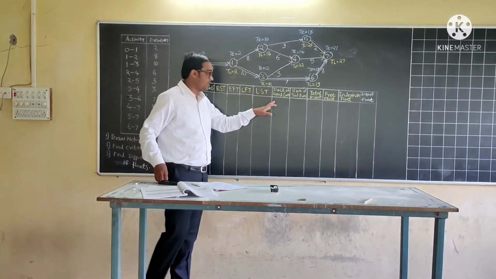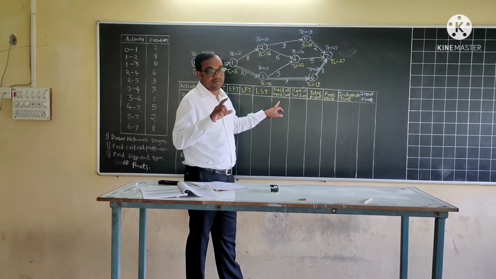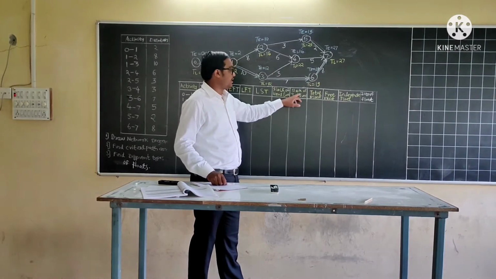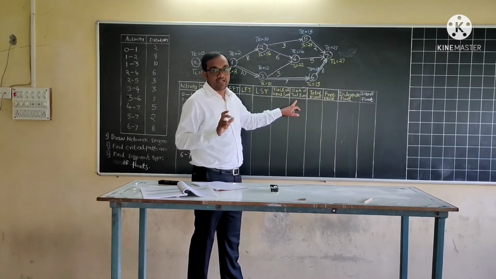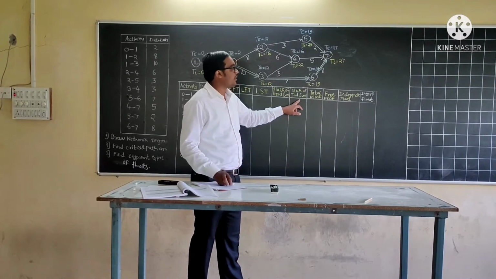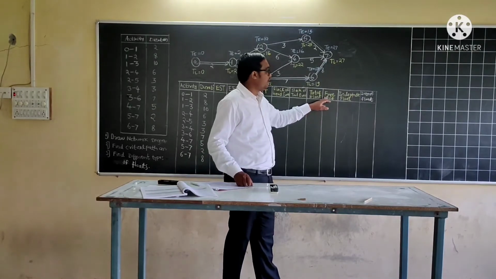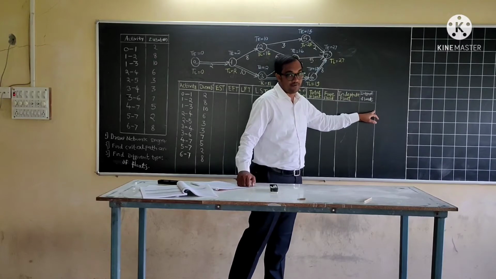Also there are columns for slack of head event, which is the difference between TE and TL values of the head event, and slack of tail event, the difference between the TE and TL values of the tail event. Also different types of floats: total float, free float, independent float and interfering float.